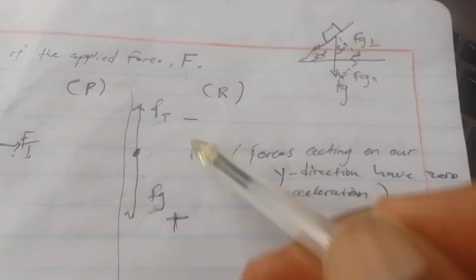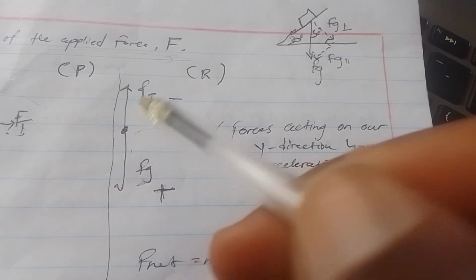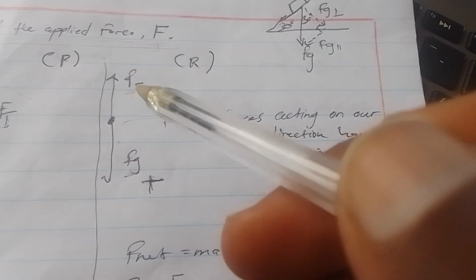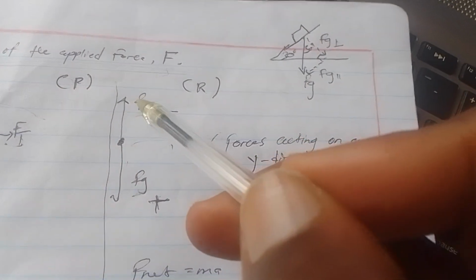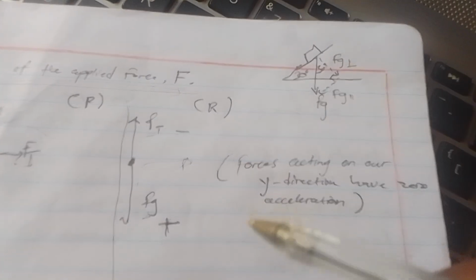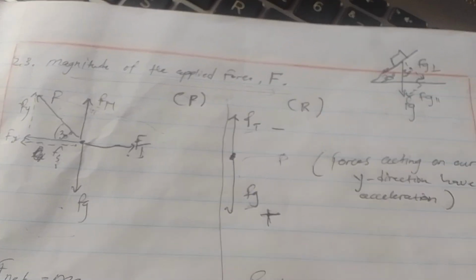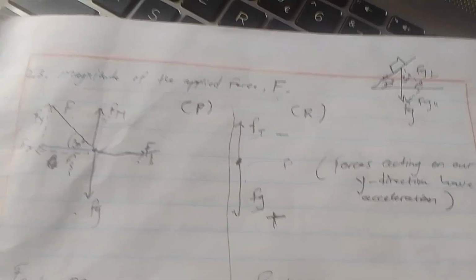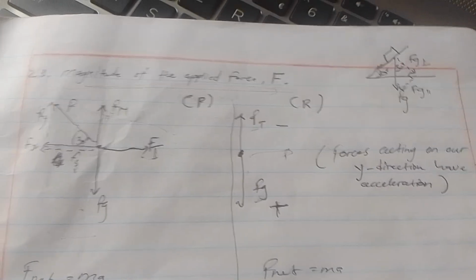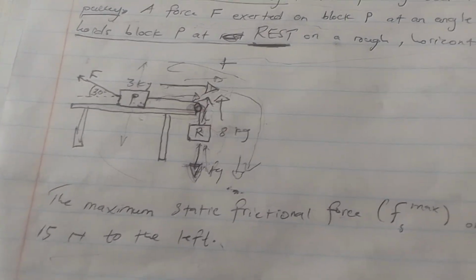So okay, we have block R. Block R is just dangling, which means only two forces are going to act on our block R, which is the tensional force going upward and our gravitational force going downward. Now let's come to directions. Our motion, as I've said before, is to the right because our static frictional force on block P is 15 newtons to the left.